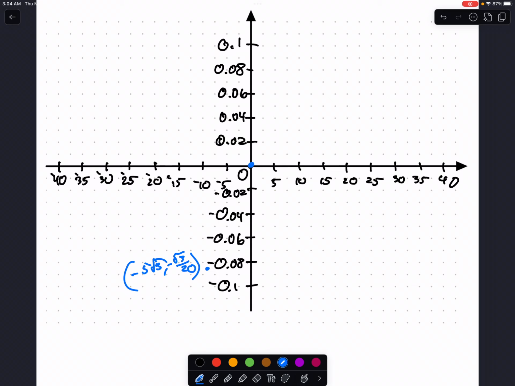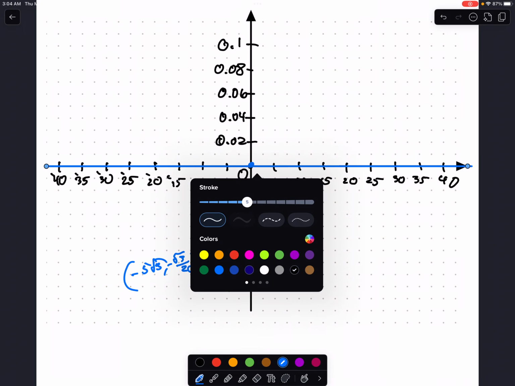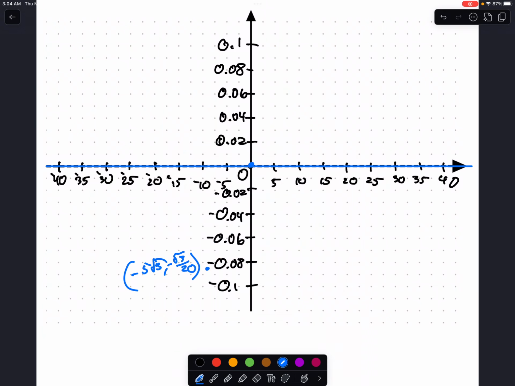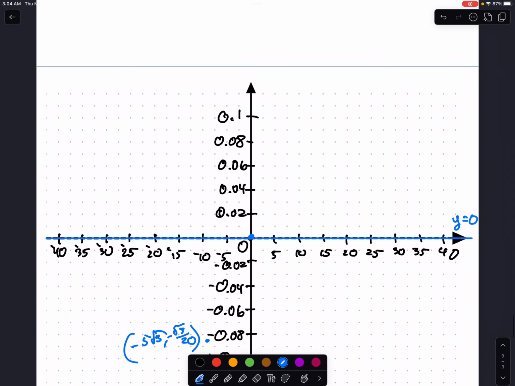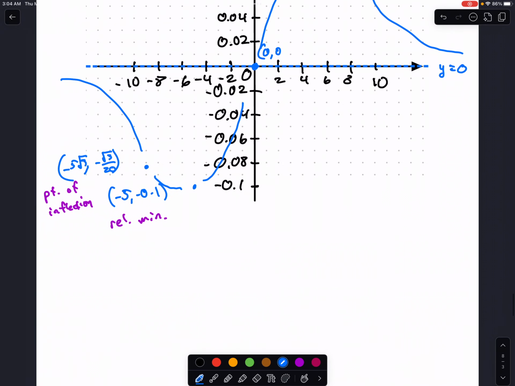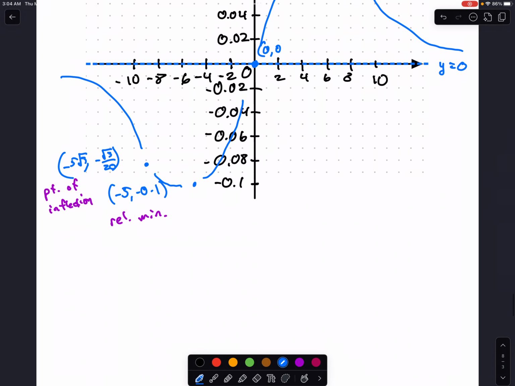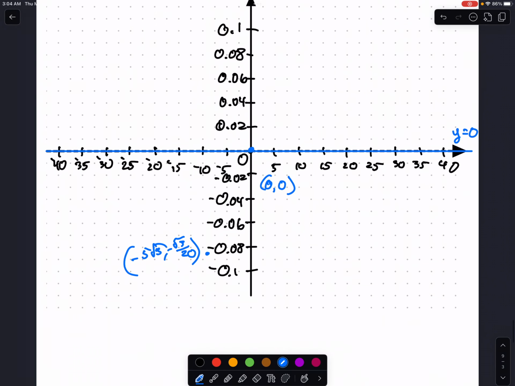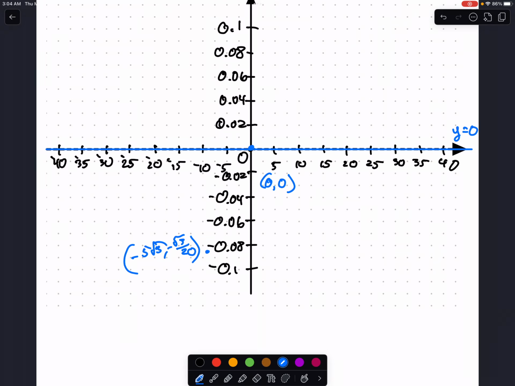We had this horizontal asymptote, styled a little bit thicker like that. That was y equals 0. We got the origin in there. We had this negative 5, negative 0.1. So negative 5, negative 0.1 is here.